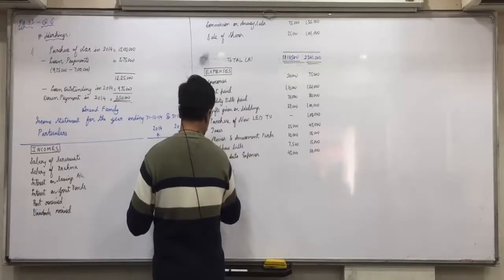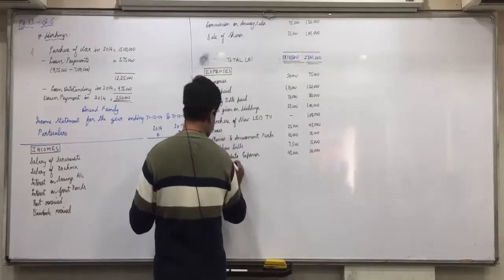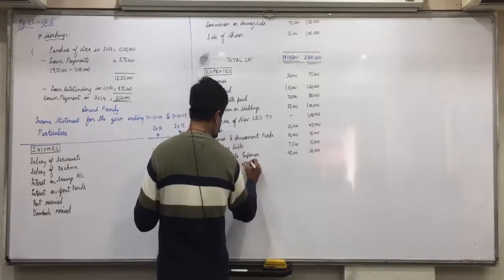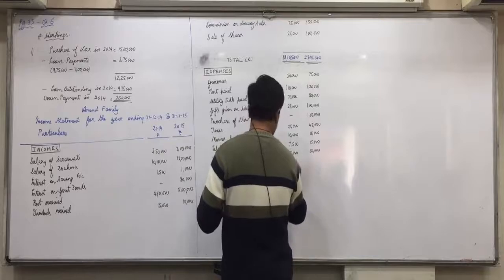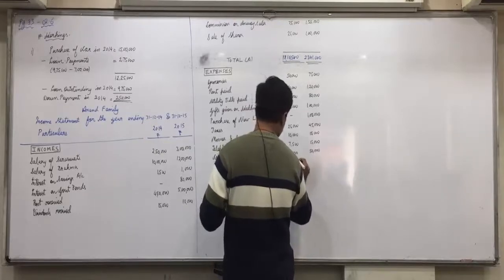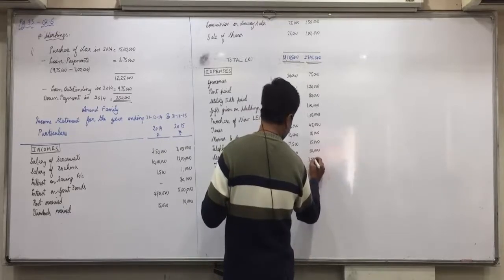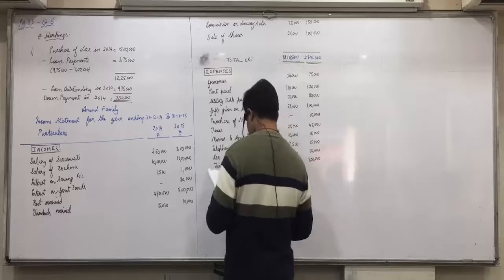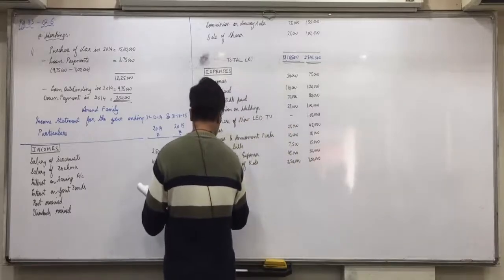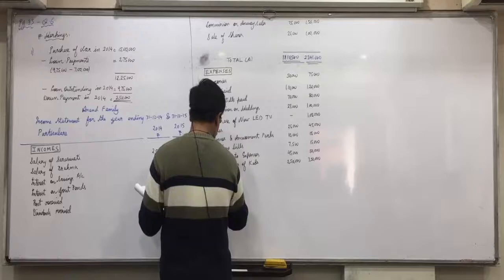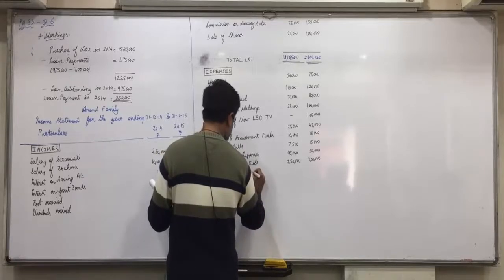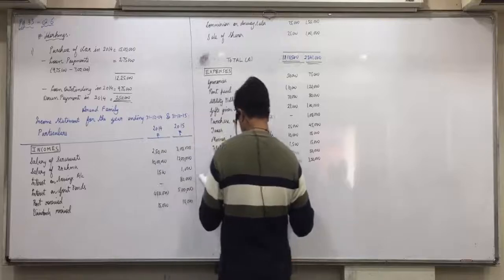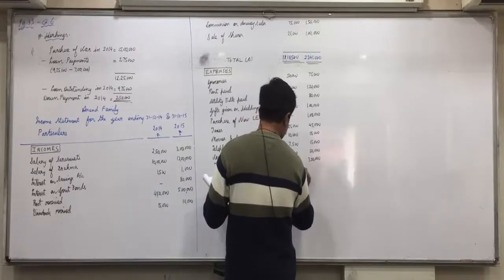Tuition fees of kids 2,50,000 and 3,50,000. Books and magazines 2,500 and 12,500.